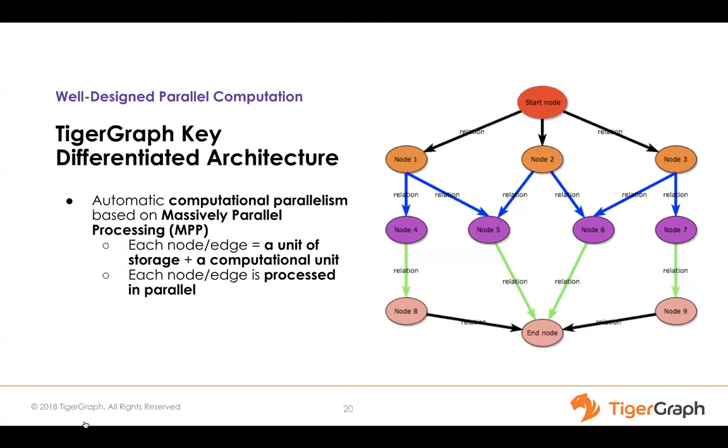Nodes and edges are processed in parallel, as you can see on the chart on the right-hand side. The same color nodes and same color edges are computed at the same time. Basically, all graph traversal and analysis, which can be called link analysis, is computed in the MPP way.